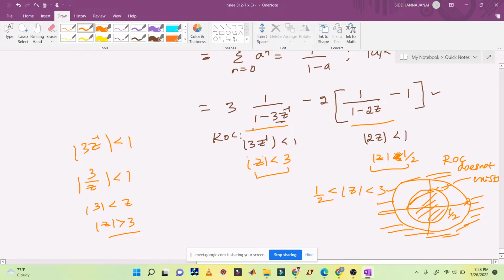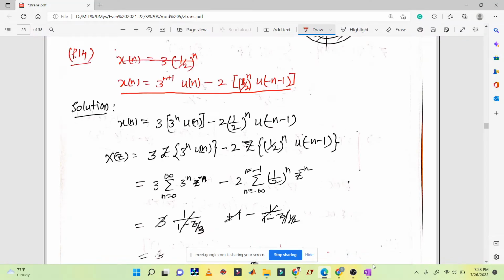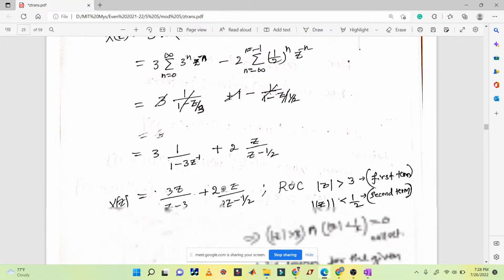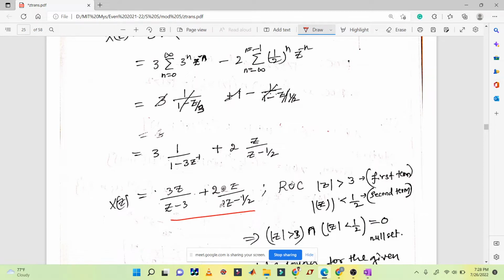Okay, so simplification is left to you. It is given in the notes. Directly in the notes you can observe. So here the final result you get is this one. This is your final answer after simplification.